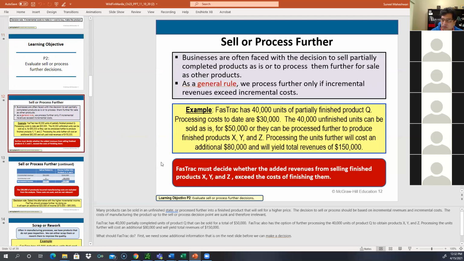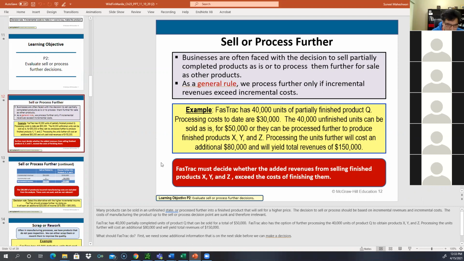So generally speaking, you would only process a product further and then sell it if you make more money than your cost. It's as simple as that. There's nothing very complicated about it. Do you want to sell the product for $10, or do you want to sell it for $18 after processing it for two more dollars?